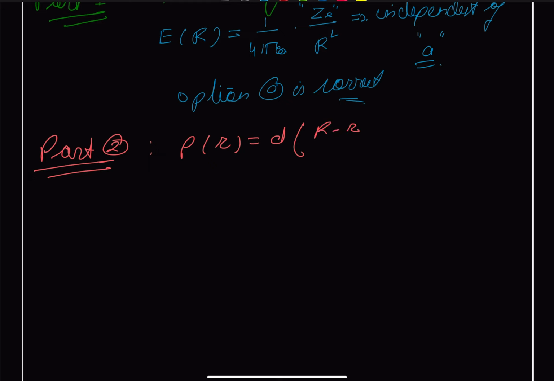But here it states that A is equal to 0. Therefore we can write the equation that our rho of r will be equal to D times (capital R minus small r) divided by capital R. Now we can easily find out the total charge.